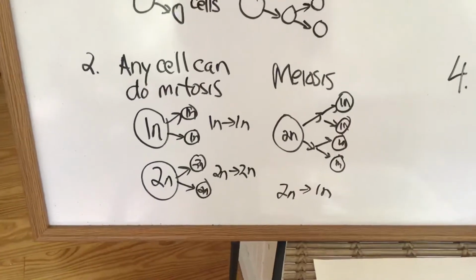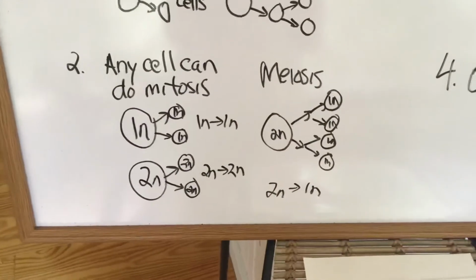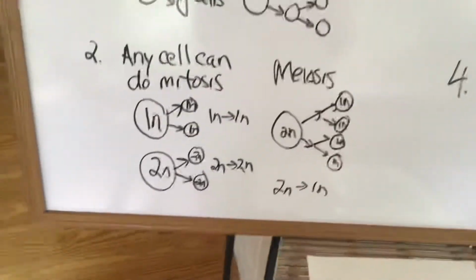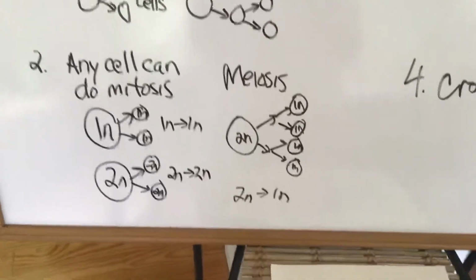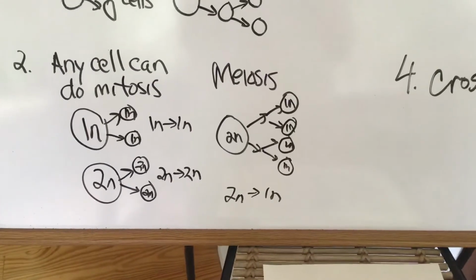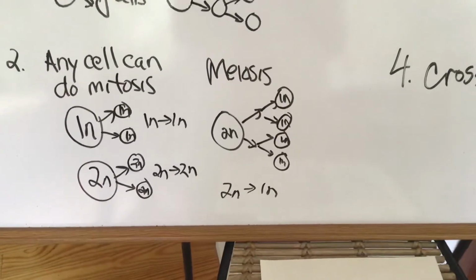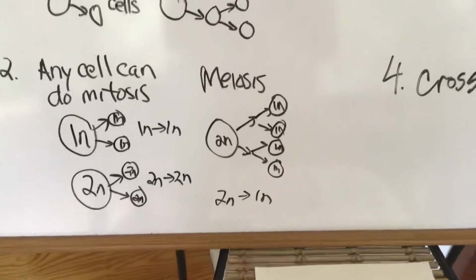Or I could have a 2N, that is 2 chromosomes, and separate them, and they would have 2 in each of the daughter cells in mitosis. But I can only do meiosis with a diploid cell, because the whole point of meiosis is to create haploid cells. So it's a reduction division, and it's going to go from 2N to 1N. And so I have to start with a diploid cell.